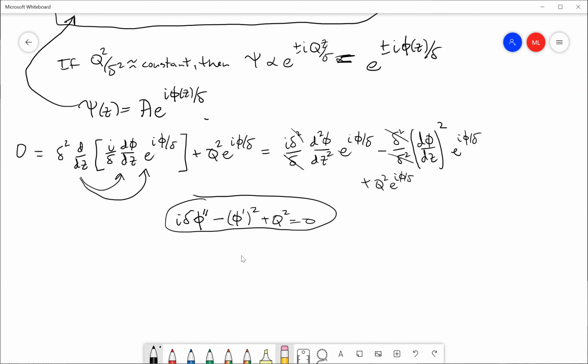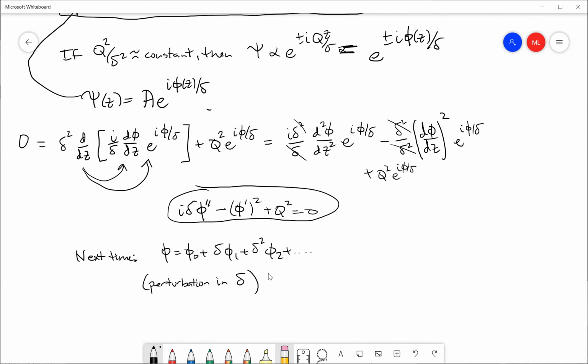We'll say phi is phi naught plus an expansion in delta, and we're going to look at this equation order by order in delta. So we're going to do perturbation theory in delta. We'll solve this equation order by order, and we'll see what kind of solutions we get.